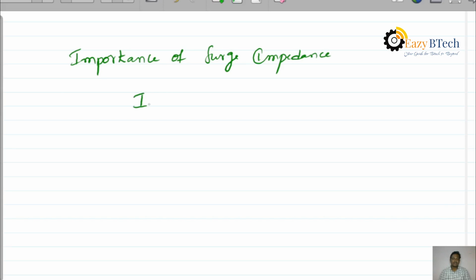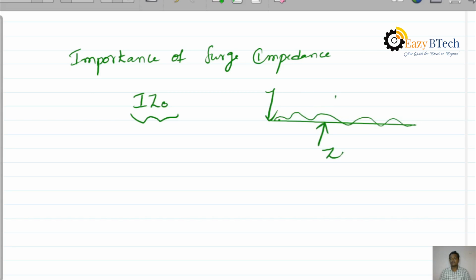How can we calculate the drop? Current flowing through the line into impedance of that line. This is the characteristic or surge impedance. Surge impedance means when a surge occurs in the overhead transmission system, this surge travels through the transmission line. How much impedance is offered by this transmission line is nothing but the surge impedance.